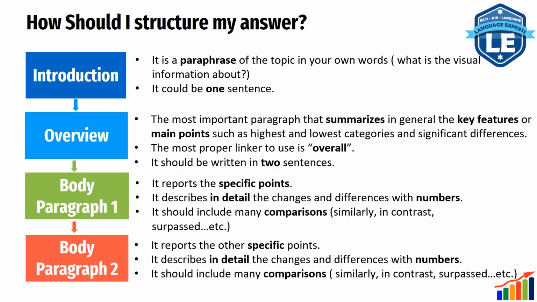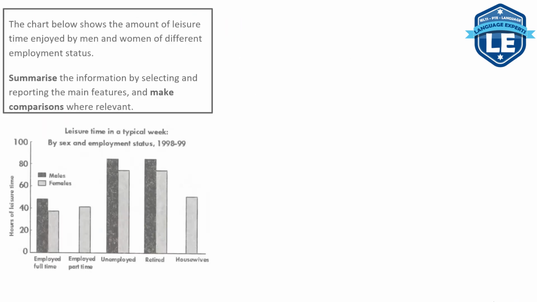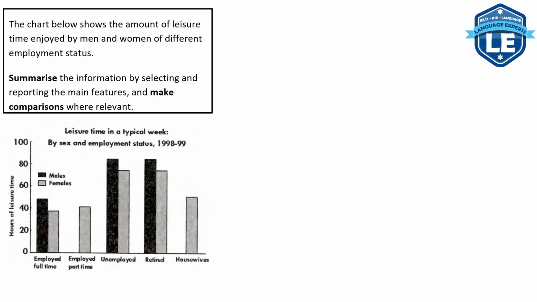This will be clear now when we apply on a sample answer. Here we have this question. The chart below shows the amount of leisure time enjoyed by men and women of different employment status. Summarize the information by selecting and reporting the main features and make comparisons where relevant.